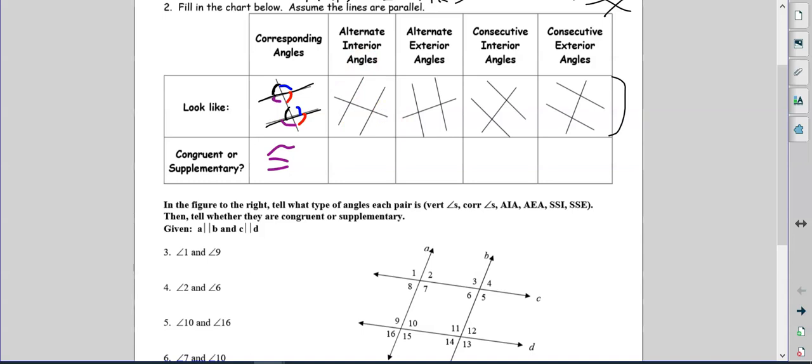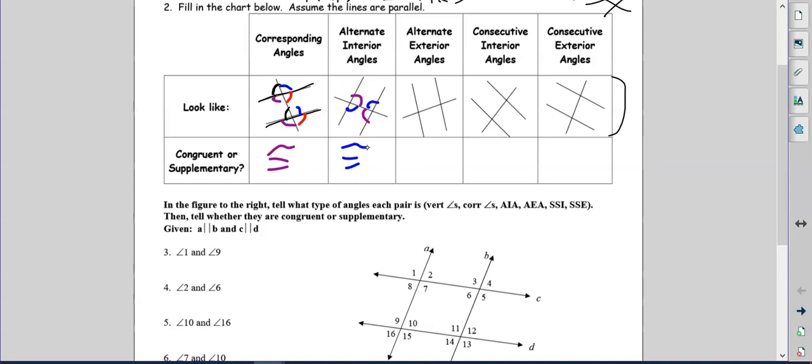So alternate interior would be this angle here and this angle there, or this angle here and this angle here. And those are also congruent.